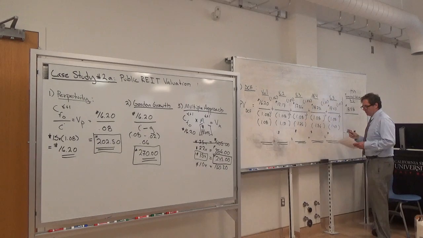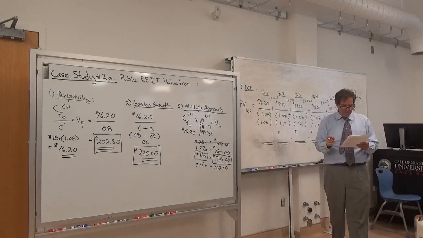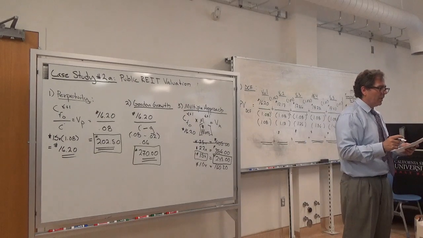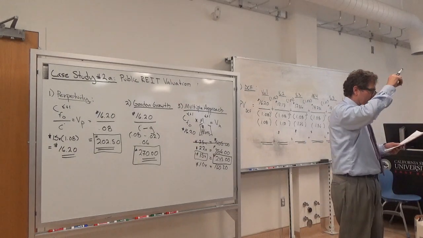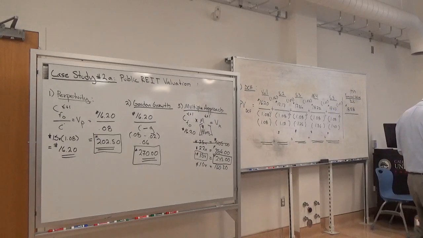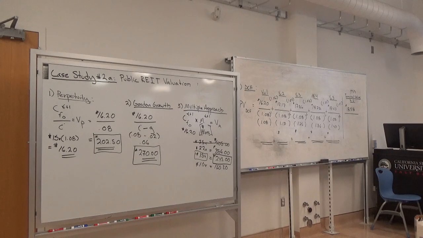Okay, theoretical question. These real estate properties, do their cash flows remain flat forever or grow at a constant rate? They probably grow at a constant rate.